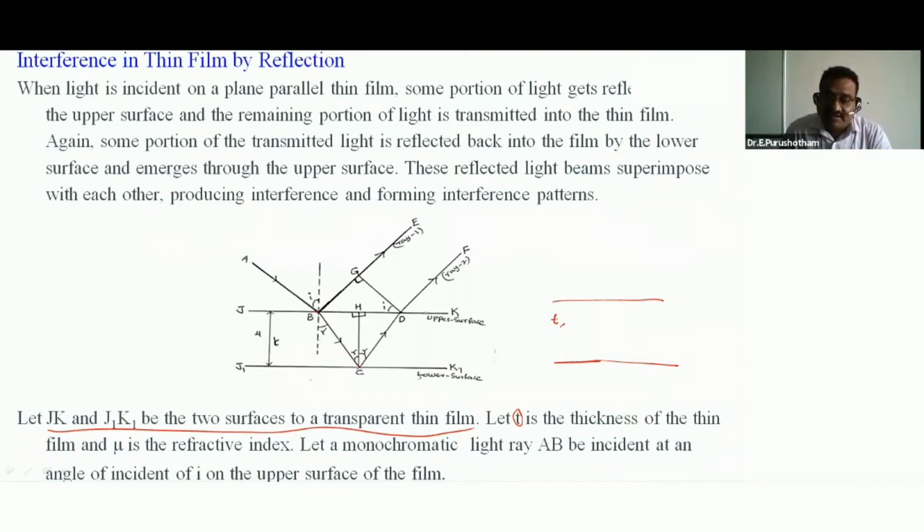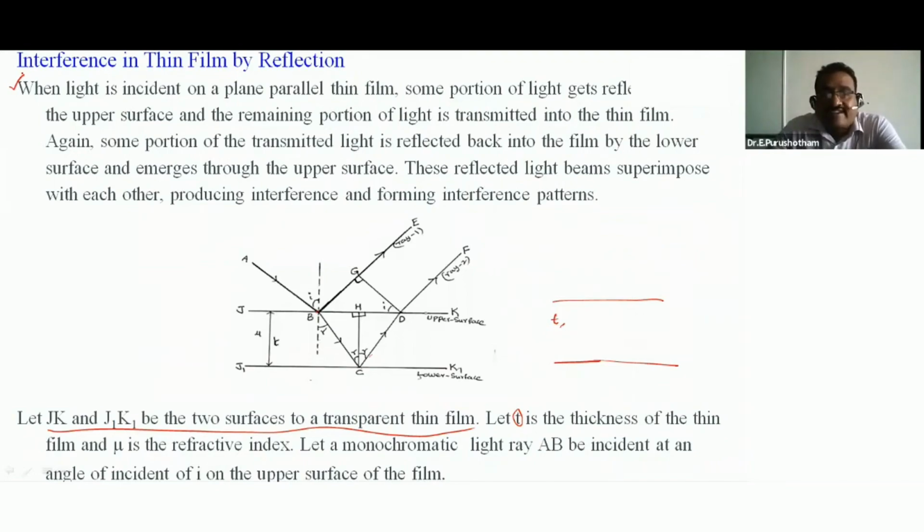It is incident on the lower surface. It is also reflected as CDF. You can observe here. When light is incident on a plane parallel thin film, some portion of light gets reflected from the upper surface and the remaining portion is transmitted into the thin film.